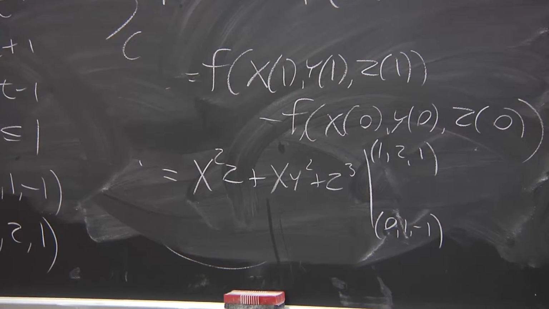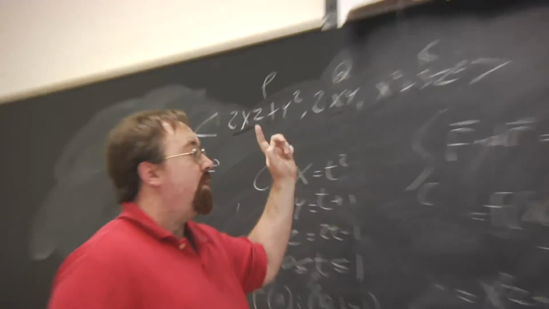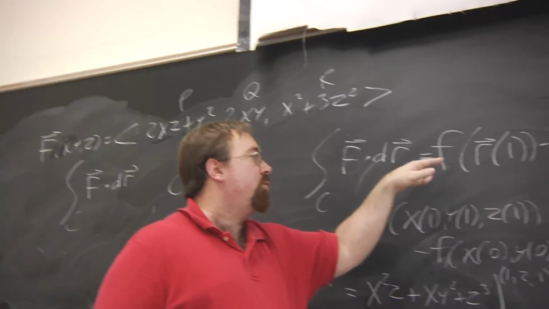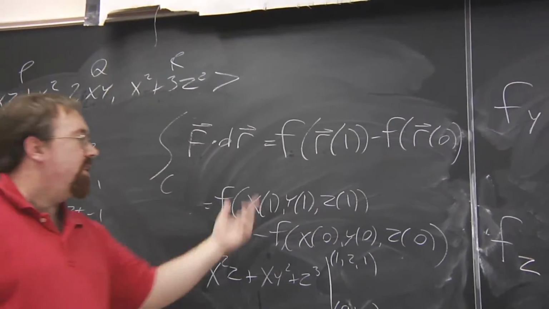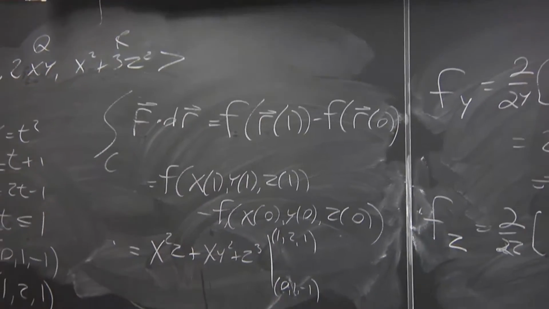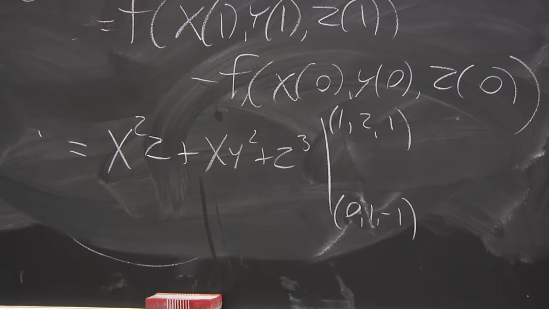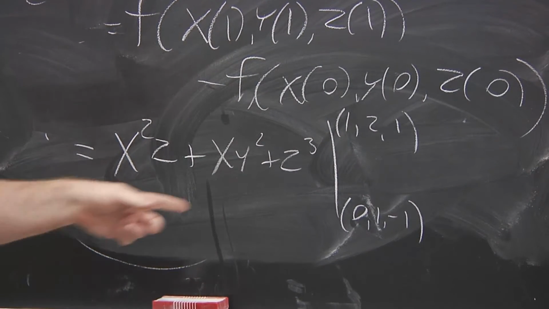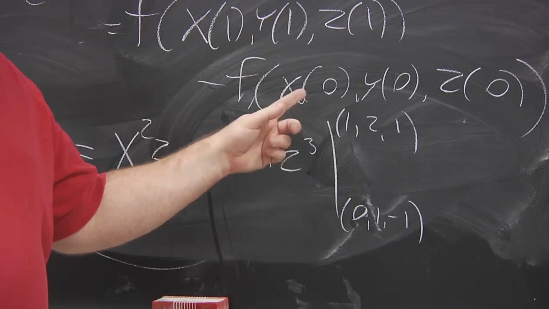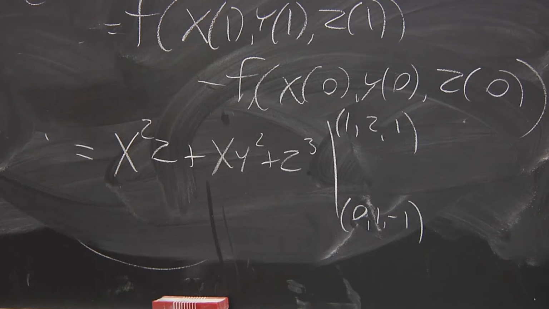So once you know that this vector field is conservative, once you come up with the function little f whose gradient is your vector field, then you just evaluate this and you're done. I left out the constant k here because it's just going to cancel out anyway. You can set k to whatever value you like. In this case, I just set it to 0. There's no reason not to, really.